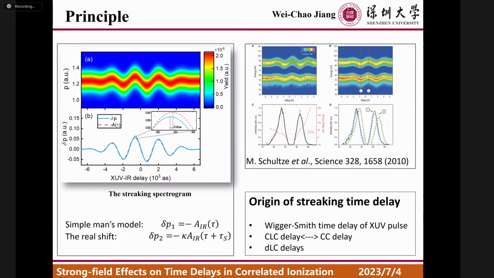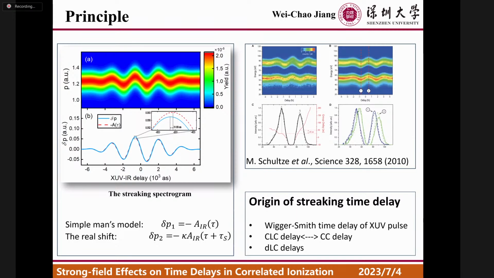We can extract the pulse envelope, the pulse waveform, and the time delay. In the simple picture, when the photoelectron is exposed to the IR dressing pulse, it will be accelerated by the vector potential.